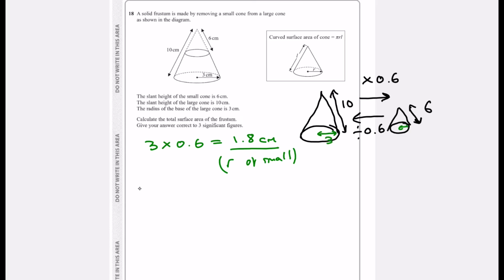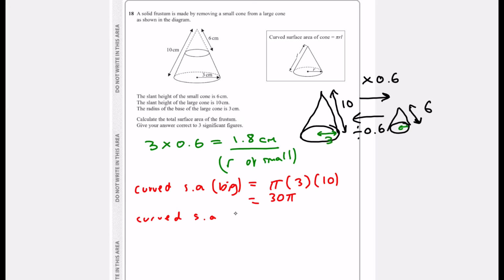So we've got curved surface area. Let's do big. So it's pi RL, pi times 3 times 10, 30 pi. And then curved surface area again, but for small.